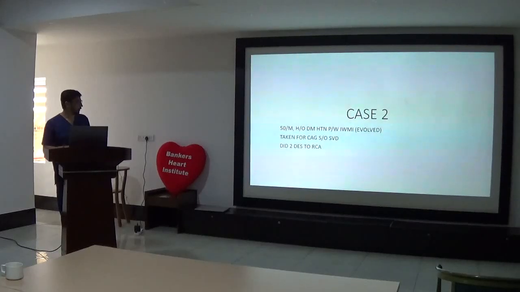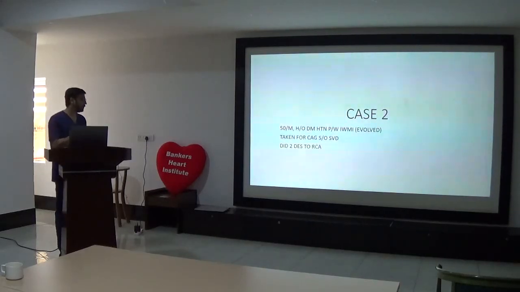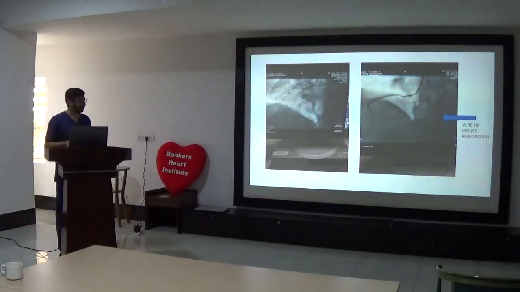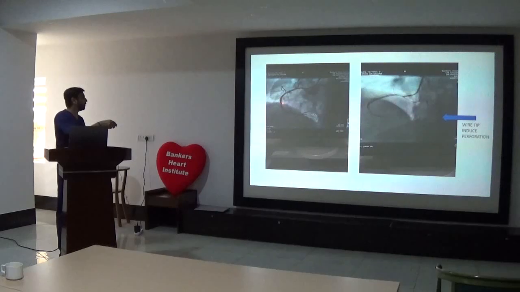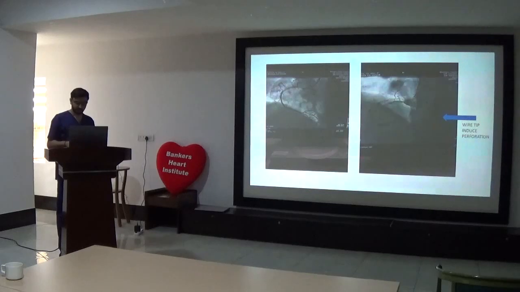This is case two, at Surat Baker Institute. Evolved MI, presented with inferior MI, a 50-year-old male with a history of diabetes and hypertension, taken for CAG, and the RCA lesion was complete. We have to put a stent from proximal to distal, and our wire is in the distal branch, so it will lead to distal perforation.